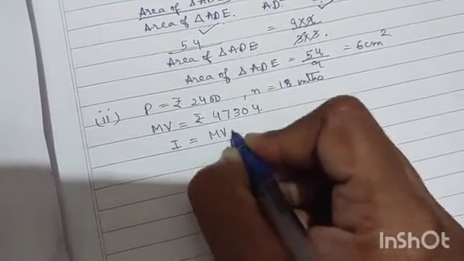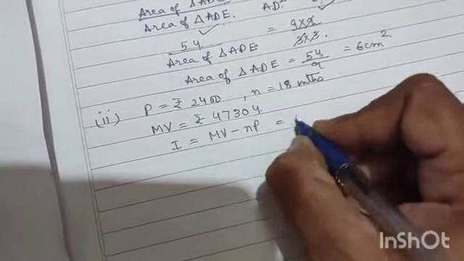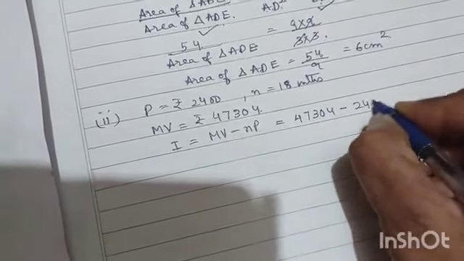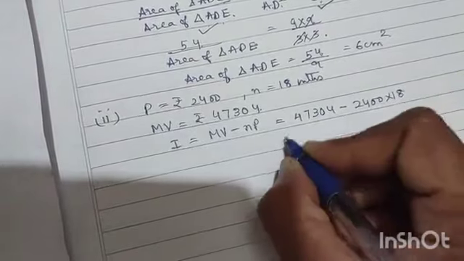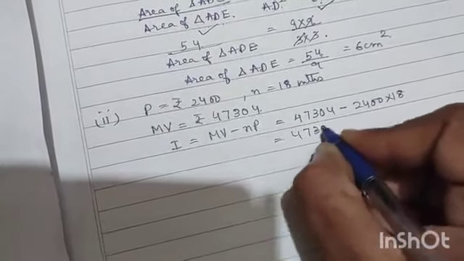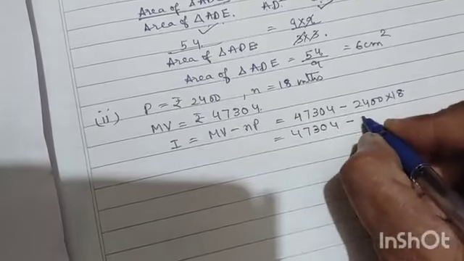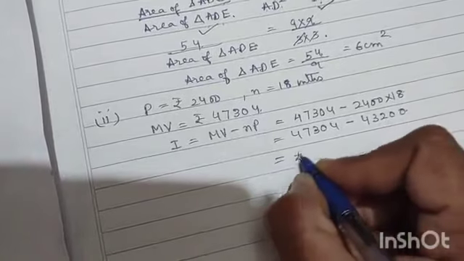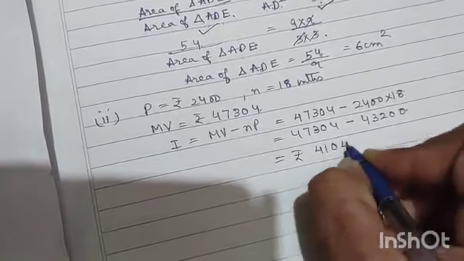Interest is equal to MV minus NP, that is 47304 minus 2400 into 18, that is 47304 minus 43200, which comes to 4104.